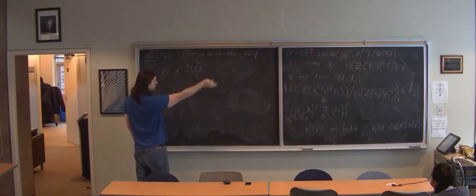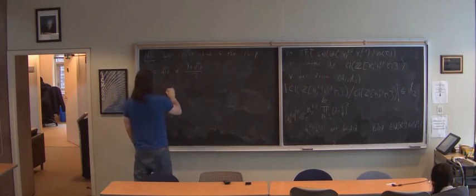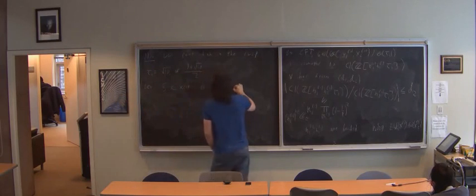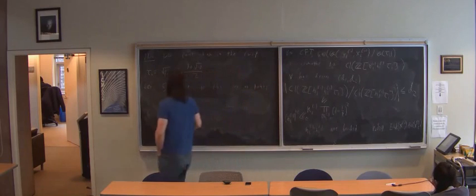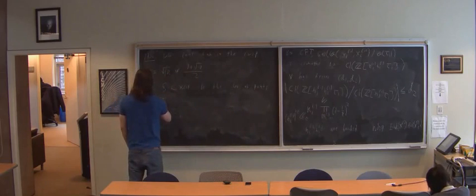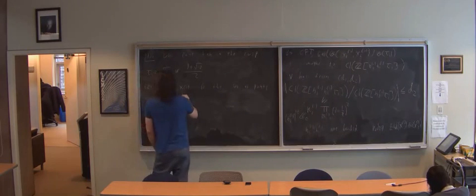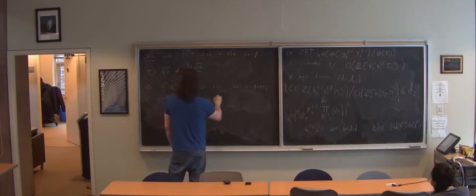V projects down to x1 by the other projection. So let S in x1 be the set of points such that the point infinity cross S equals V intersect infinity cross x1.